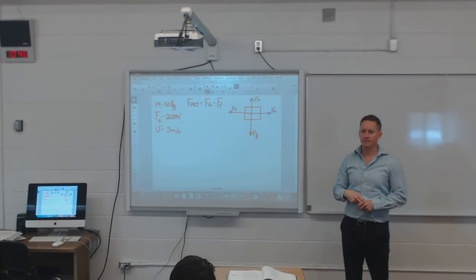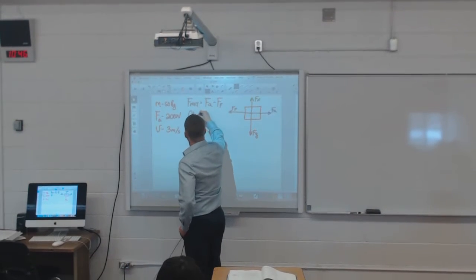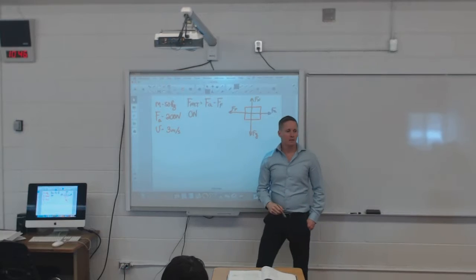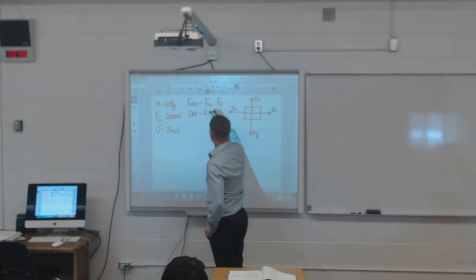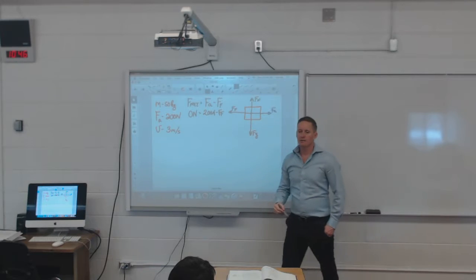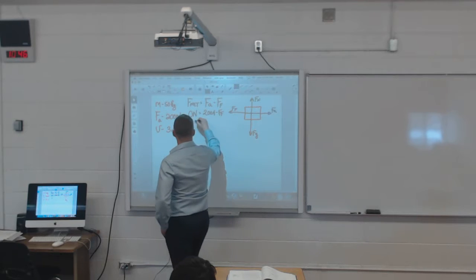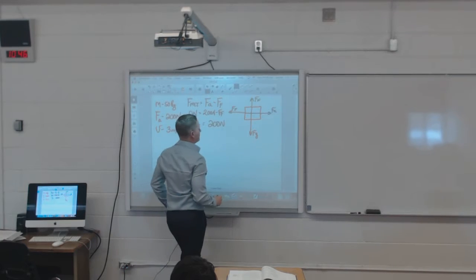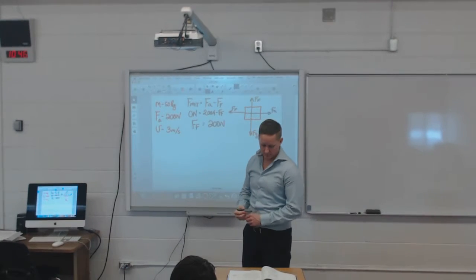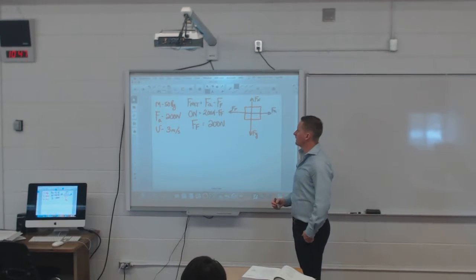How come? Very good. It's moving at a constant speed, so that means this is 0 newtons. So your net force is 0. My applied force is 200 newtons minus my force of friction. So what is my force of friction equal to? 200, in the opposite direction. Okay, so my force of friction will be equal to 200 as well.